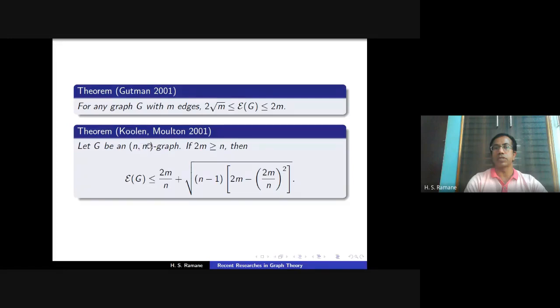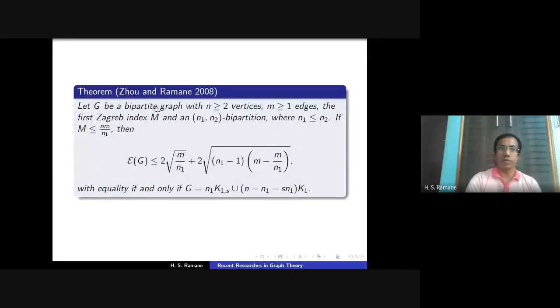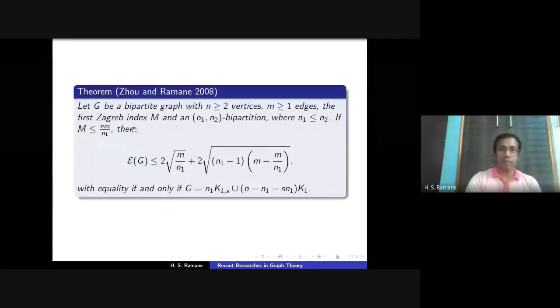And recently, in 2001, Koolen and Moulton gave the best possible bound for the energy of a graph, but the condition is that 2m is more than or equal to n. Okay, so energy of G is less than or equal to this quantity. This is what we proposed, myself and a coauthor, in 2008, in terms of n1 and m, where m is the Zagreb index.